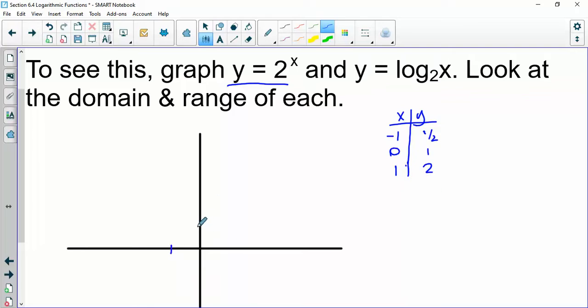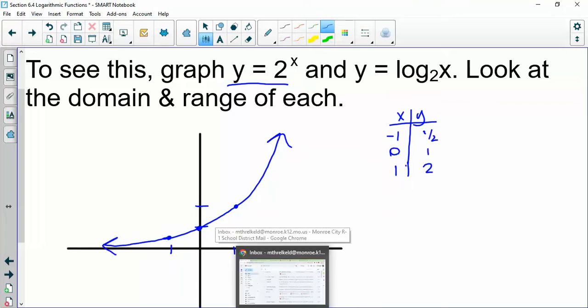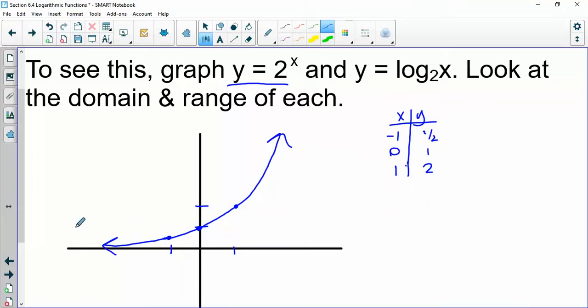So when we plotted that, 1, 1/2, 0, 1, 1, 2. Focus. All right. When I graph this, what does it have on the x-axis?